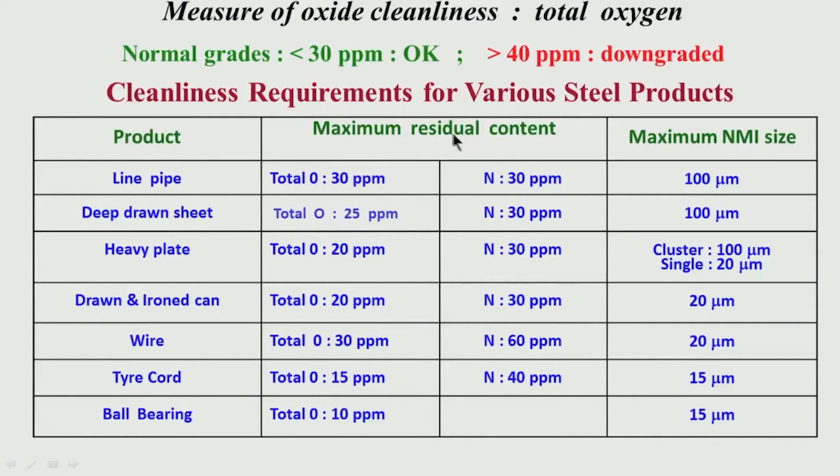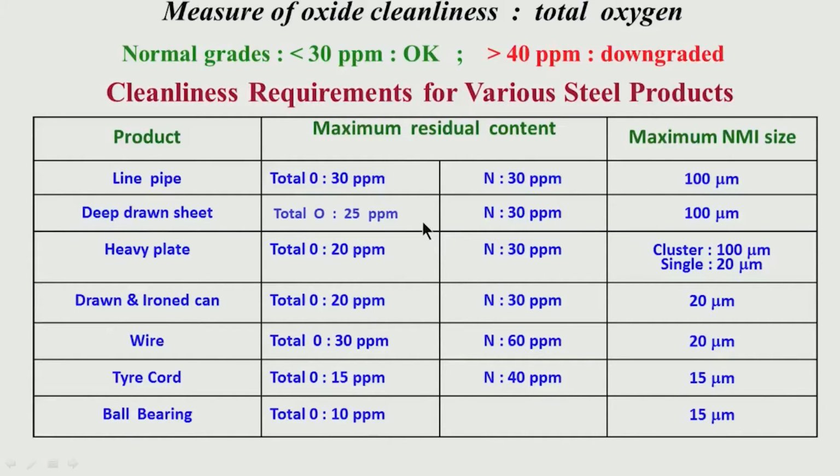So these instances will throw light on how, for different applications, different residual contents and inclusion sizes are restricted. So quality is getting quantified here, it is no longer qualitative.